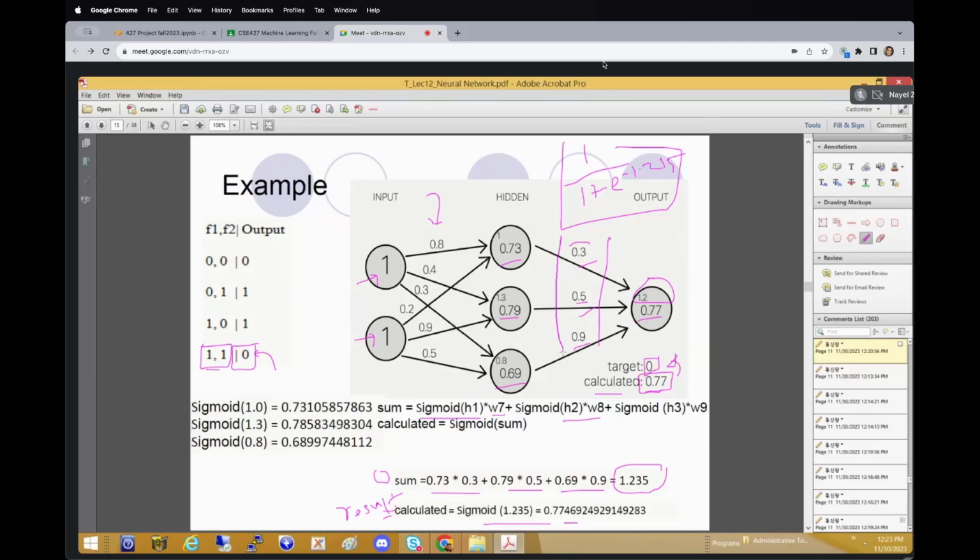We have the scope to update the weights to get the 0 here. That's why we need some policy for updating the weights. How to update the weights will be considered in the next part of this lecture, which we usually call backward propagation.